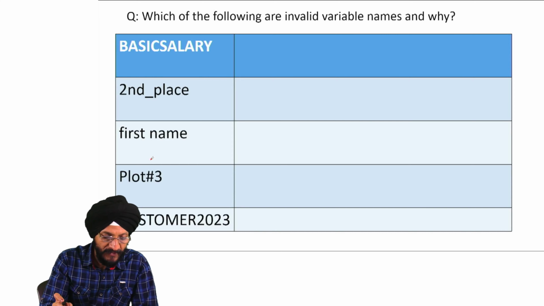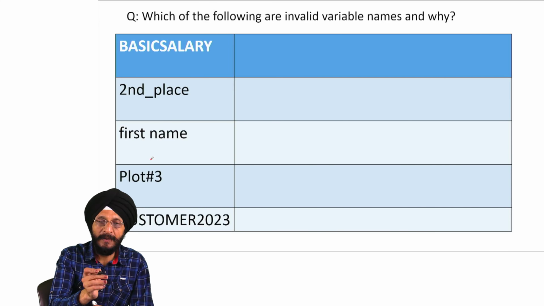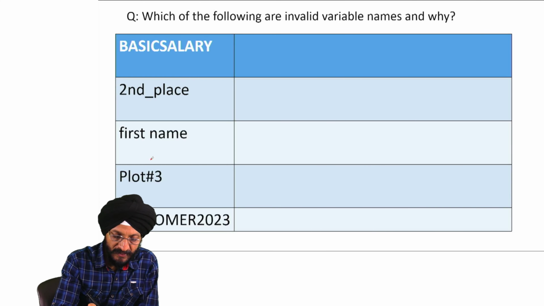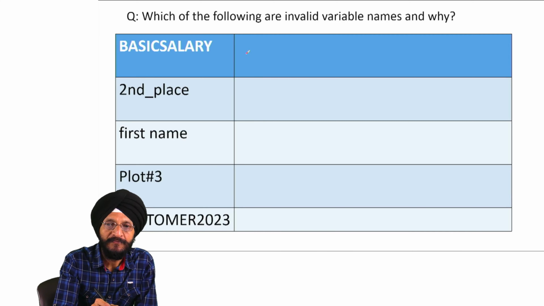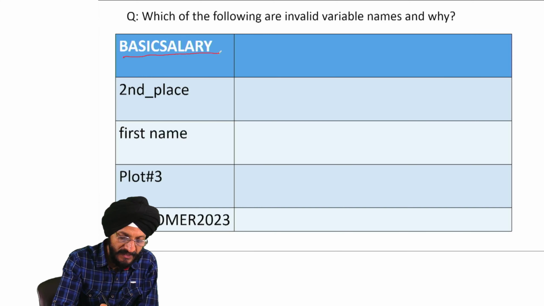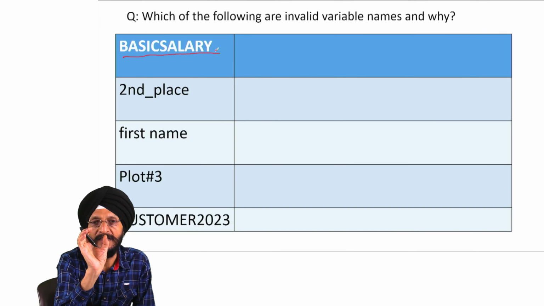So here we start. The first variable name given in the example before us is BASIC SALARY. Here you can find that all the letters in this word are in capital letters.